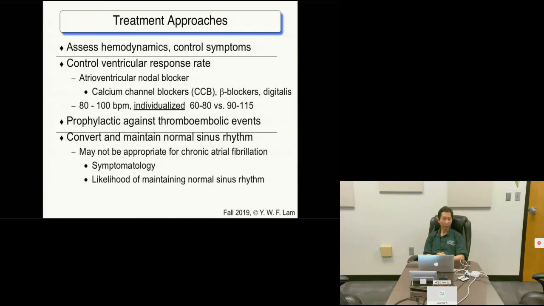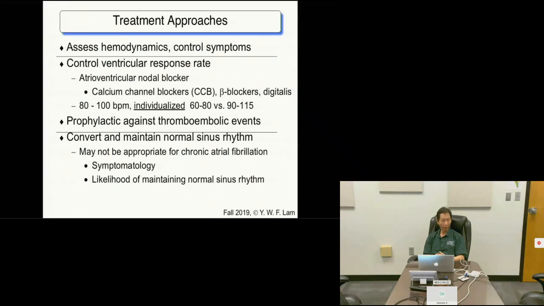Reverting a patient and maintaining a patient in normal sinus rhythm may not necessarily be appropriate for patients who have chronic atrial fibrillation, and we have some data to show you down the road. So again, most of the time we need to think of it from the standpoint of symptomatology.